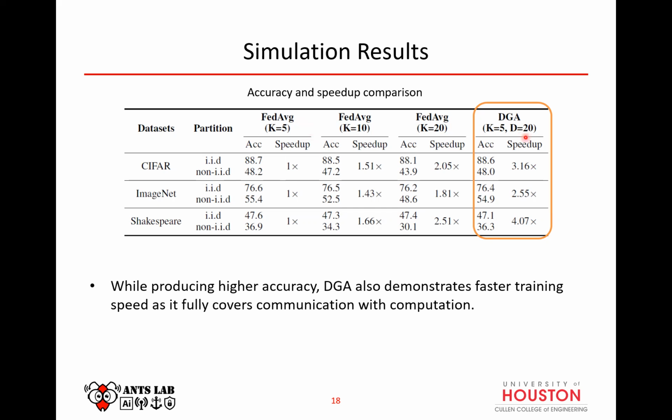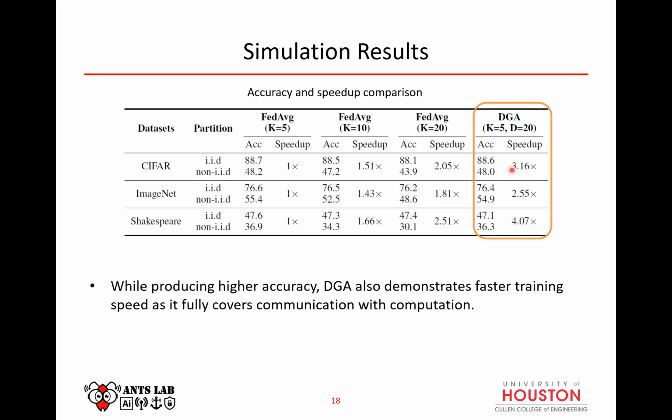The highlighted column is this paper, DGA, and they set D as 20, so they can perform local computation up to 20 times until the transmission reaches back. They see that the speed up is way higher compared to what federated averaging offers, despite changing the local computation values.